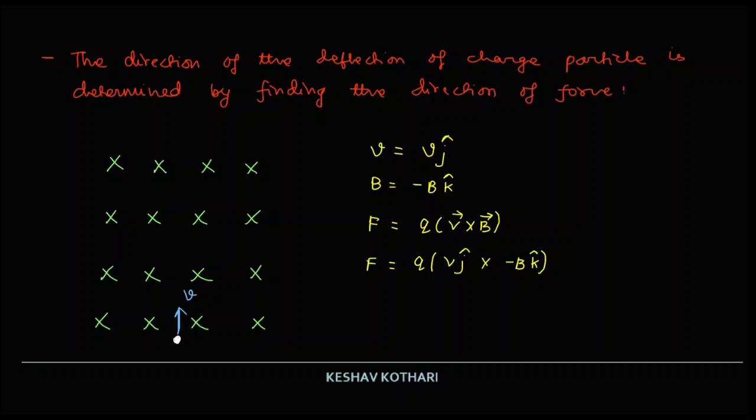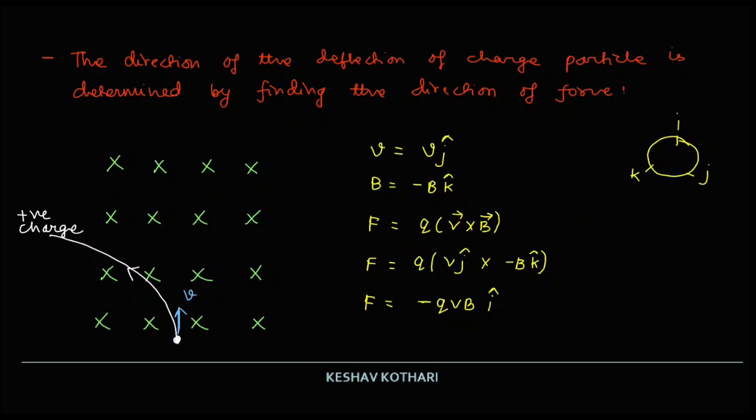So over here, if we perform a cross product, that is j cross k, it will give us the value i cap, and the force is calculated as minus qvB i cap. So the direction of this force is in the negative i cap direction. If it is in the negative i cap direction, the positive charge will deflect like this. So this is going to be the trajectory of the positive charge.